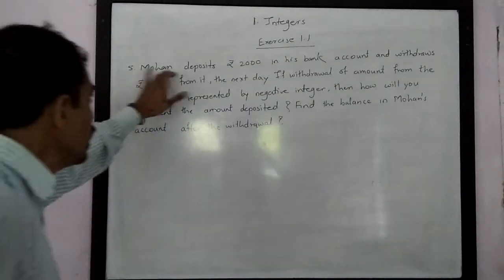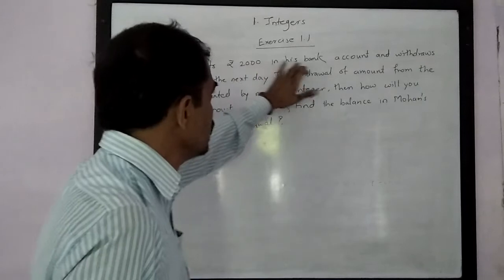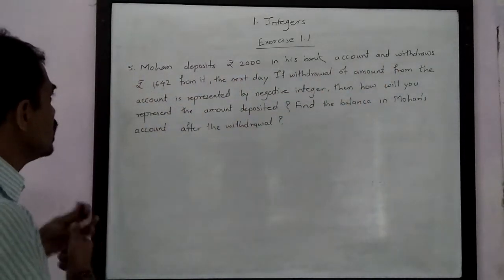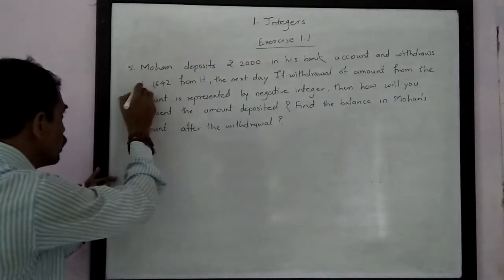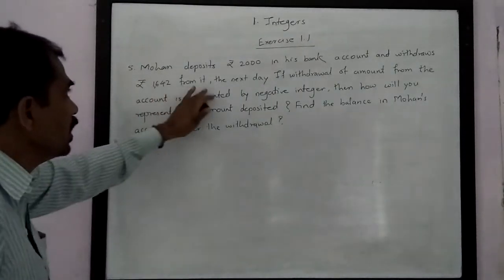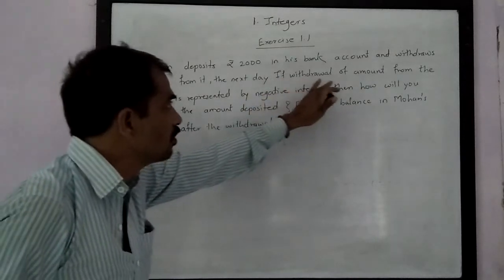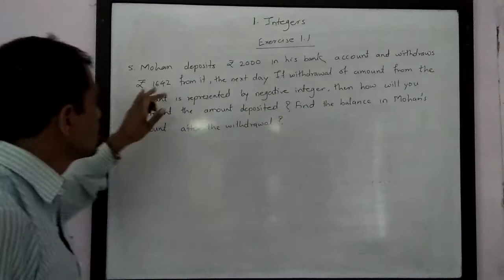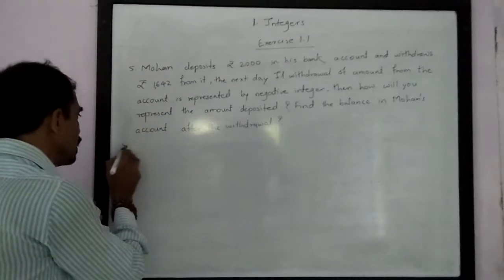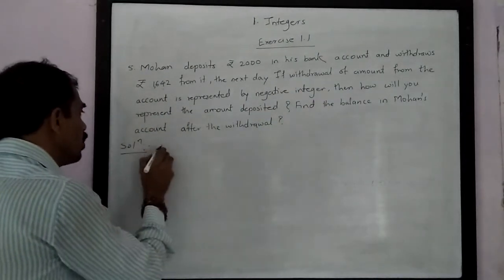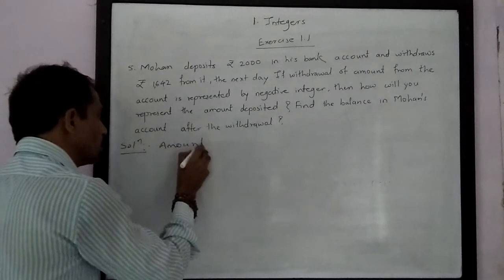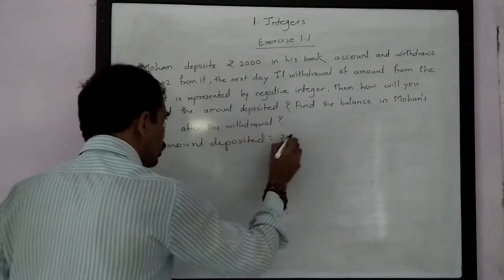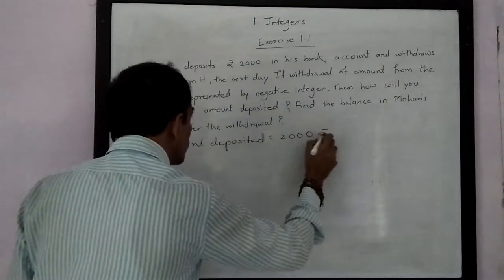Fifth question, Mohan deposits rupees 2000 in his bank account and withdraws rupees 1642 from it the next day. If withdrawal of the amount from the account is represented by a negative integer. So the solution: amount deposited is equal to 2000 rupees.